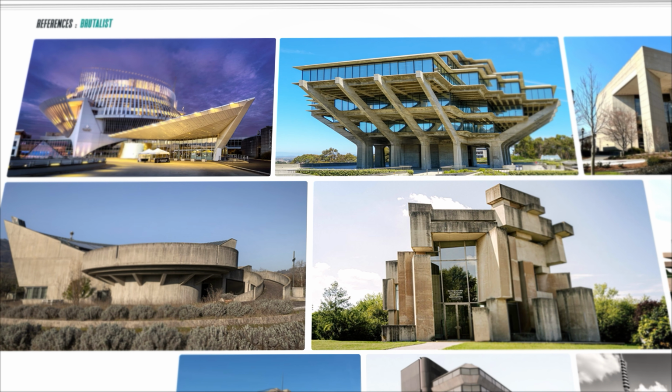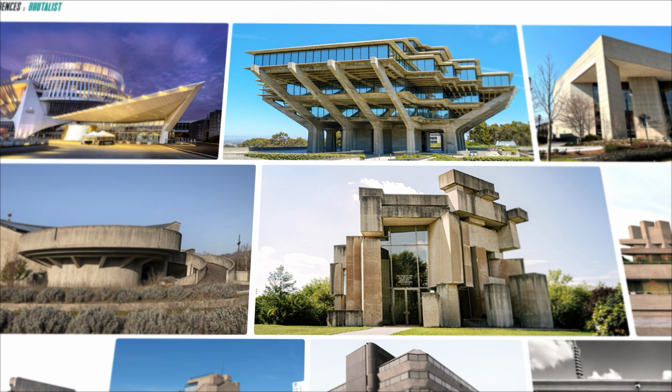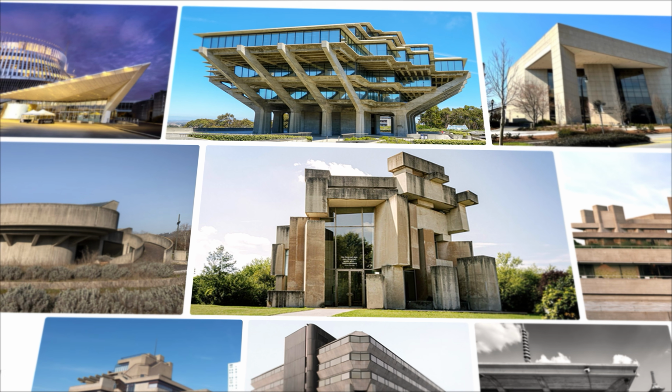And as we were gathering photo references, we decided to go more for brutalist architecture. Brutalist architecture is a great architecture style for something like this. If we were using more swooping shapes, more circles, more soft architecture, soft transitions, it wouldn't convey the feeling that we're wanting it to.